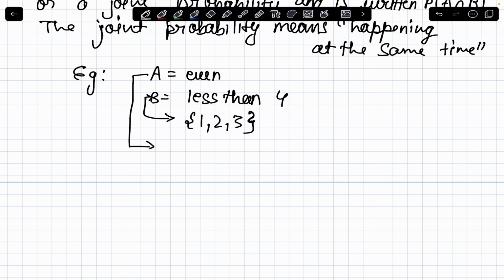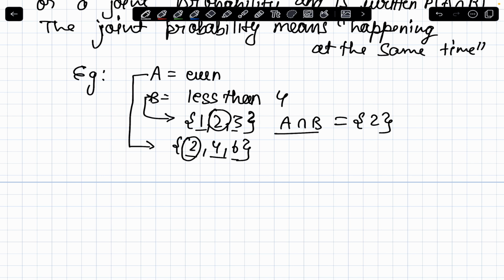For A we have the set 2, 4, 6. Now, what is A intersection B here? We have to find only the common ones. Is there any common thing? Yeah, 2. So the set of A intersection B only contains 2.